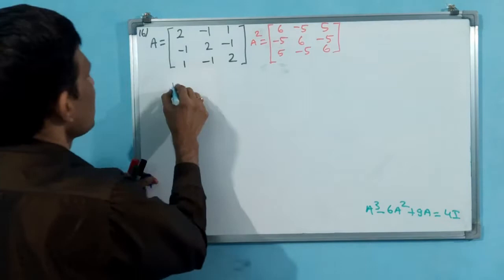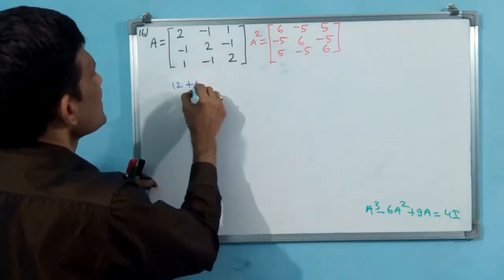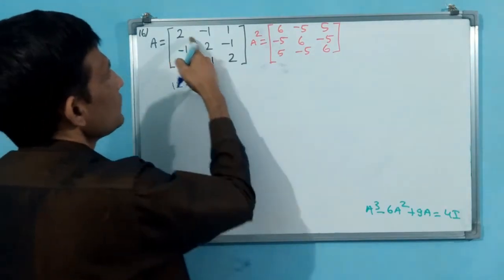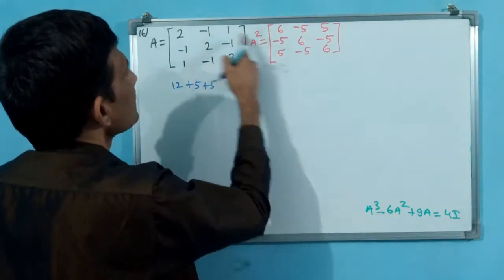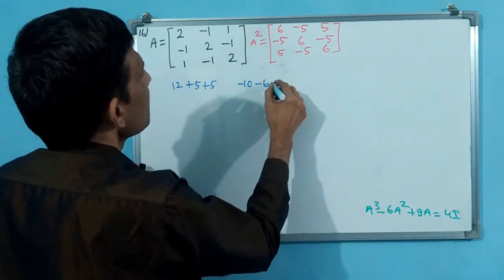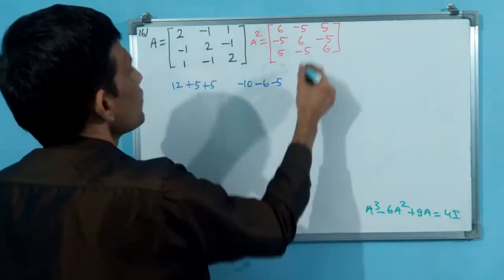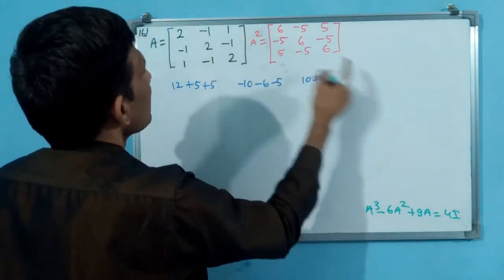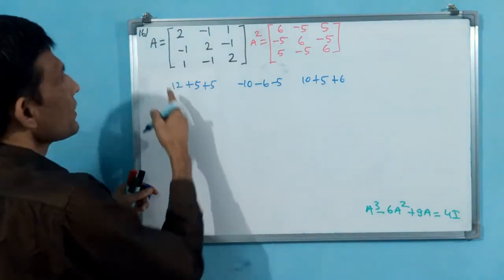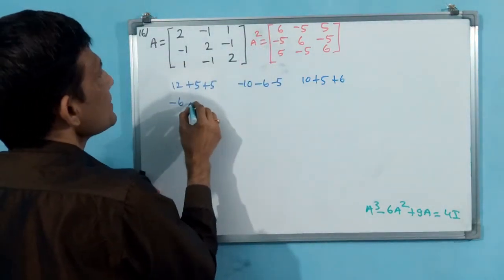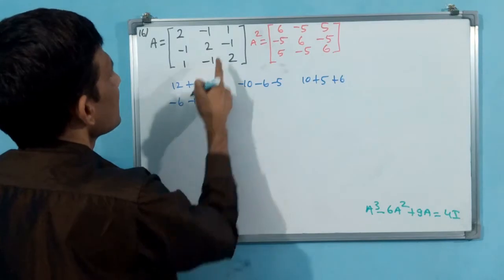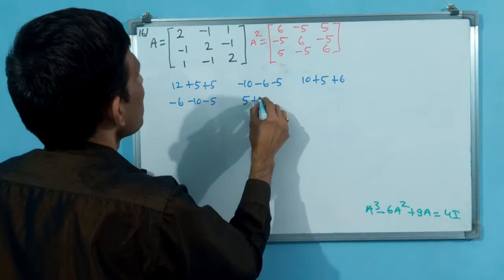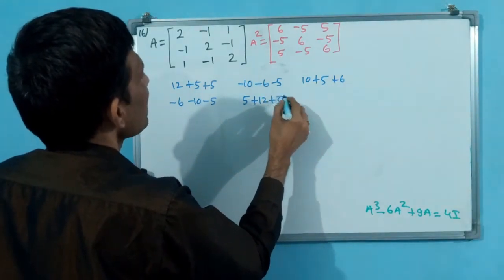2 into 6, 12, plus 5 plus 5. Then 2 into 5, minus 10, minus 6, minus 5. 2 into 5, 10, plus 5 plus 6. Minus 6, minus 10, minus 5. Plus 5 plus 12 plus 5.